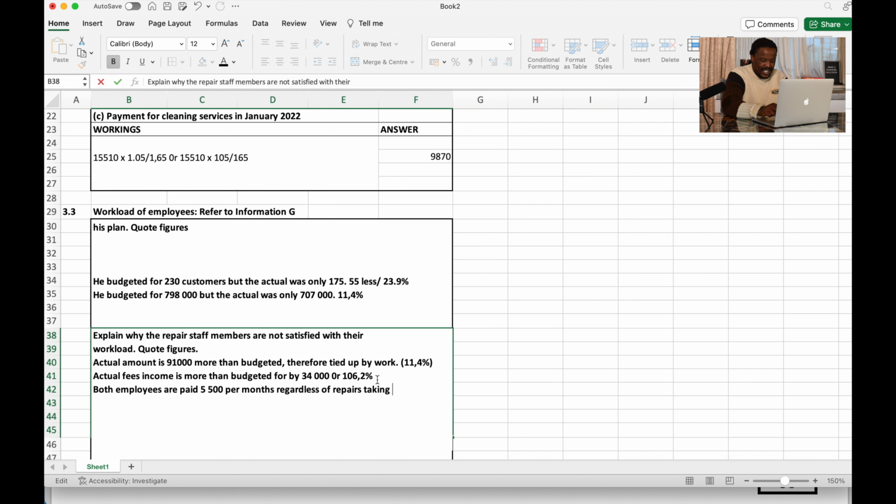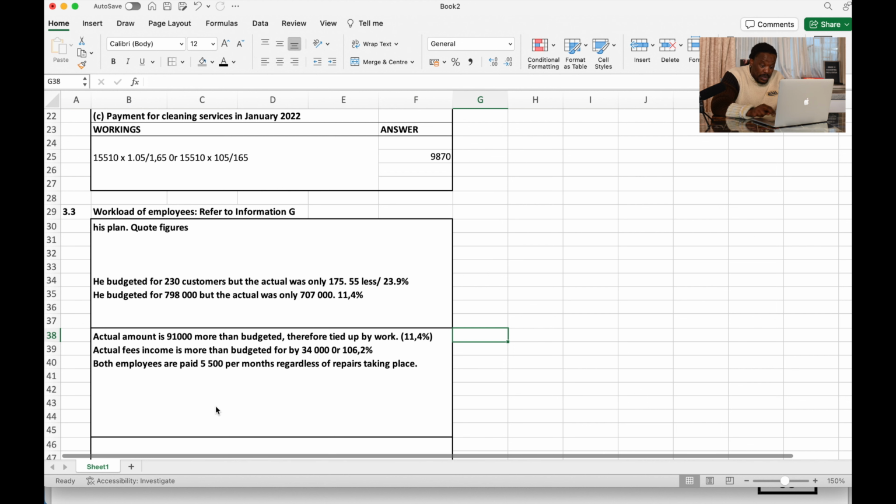You can see that. Regardless of the repairs, both employees are paid 5,500. So they are complaining that the workload is too much for them, but they are not getting so much. There are many things we can mention here, but we will limit them to these answers.